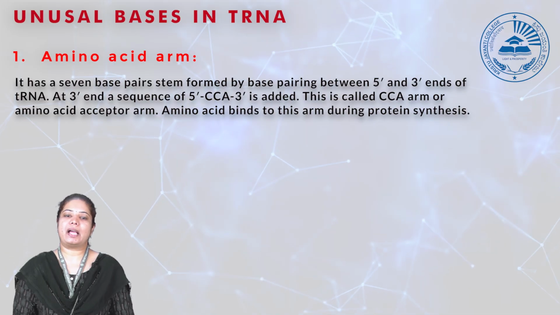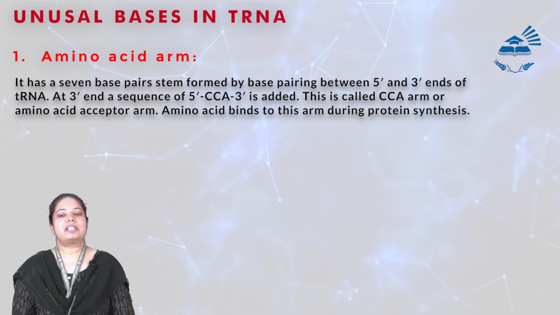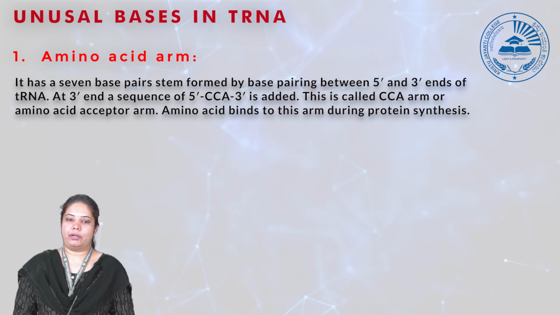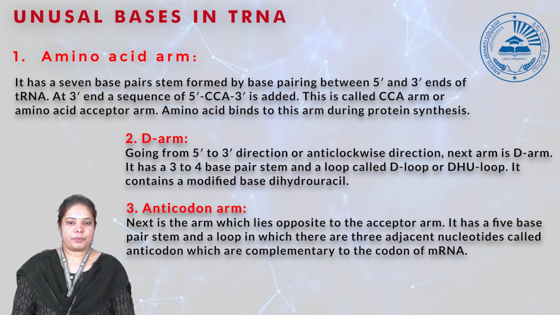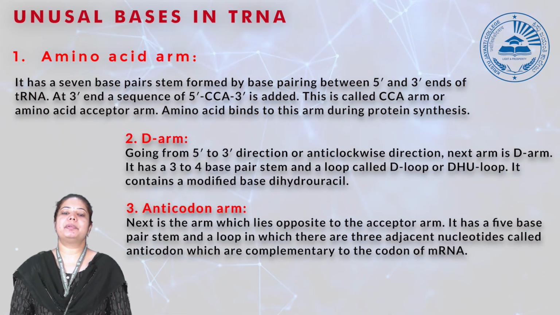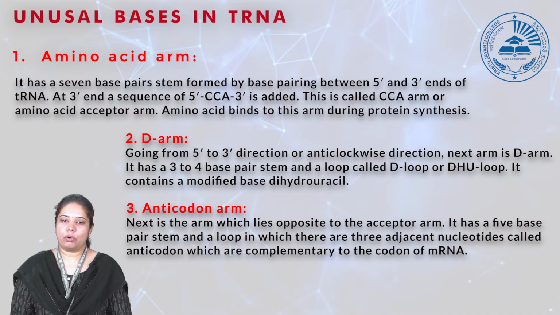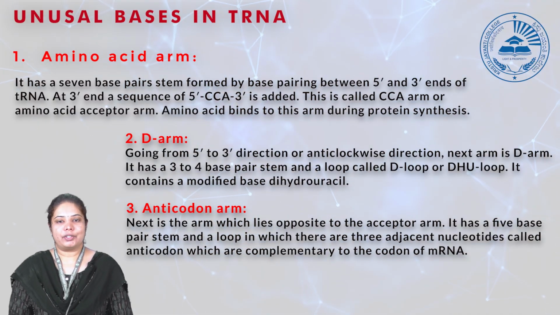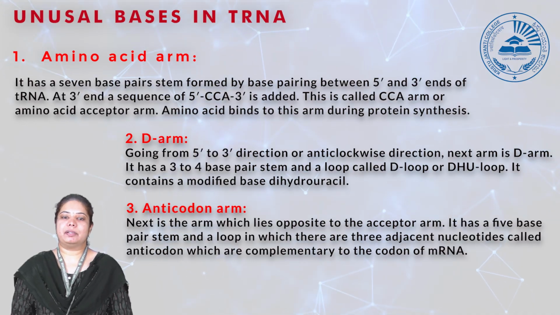The 3' end has a specialized sequence, CCA, and this CCA accepts the specific amino acid. Whatever codon is present in the mRNA will be detected by the anticodon in the anticodon loop, and according to that anticodon, the specific amino acid will be picked.